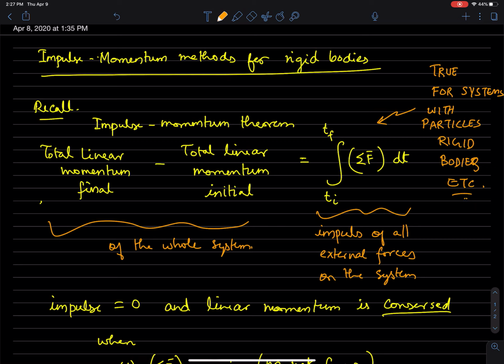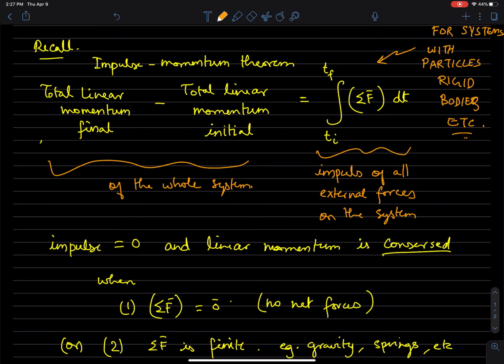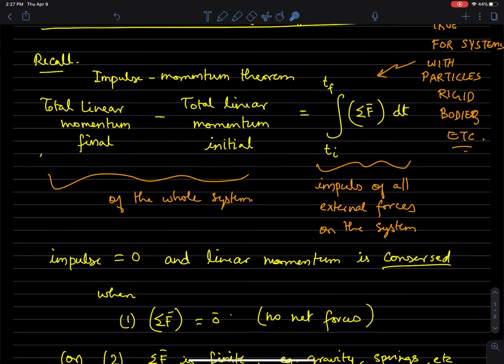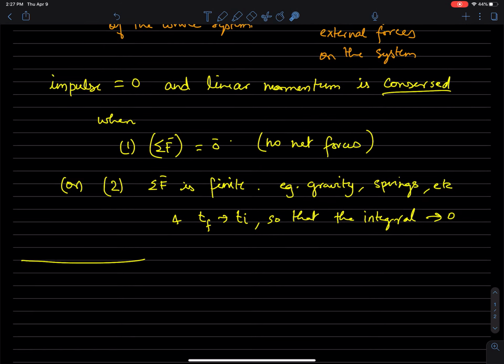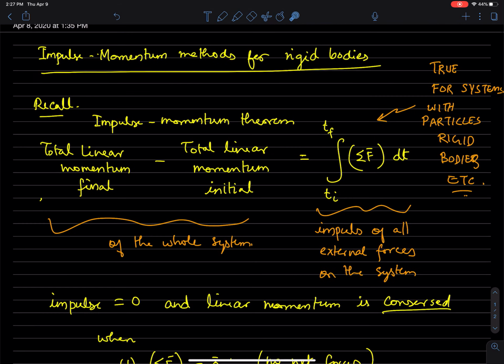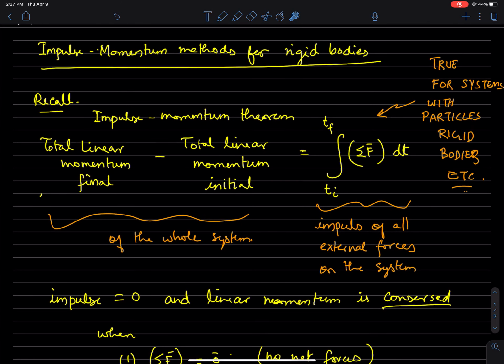It's even true for systems with deformable objects. So this is a remarkably general relationship, and it's only approximate to the extent that F equals ma is approximate.